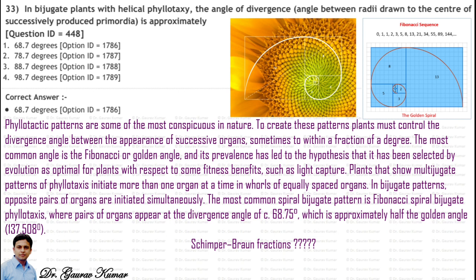And if you just draw the edges of those squares, it will make a circular structure. People have found that it is on this Fibonacci sequence series only that the flowers or the petals or the various floral characters are arranged properly on the reproductive structure, that is, the flower of the plant.